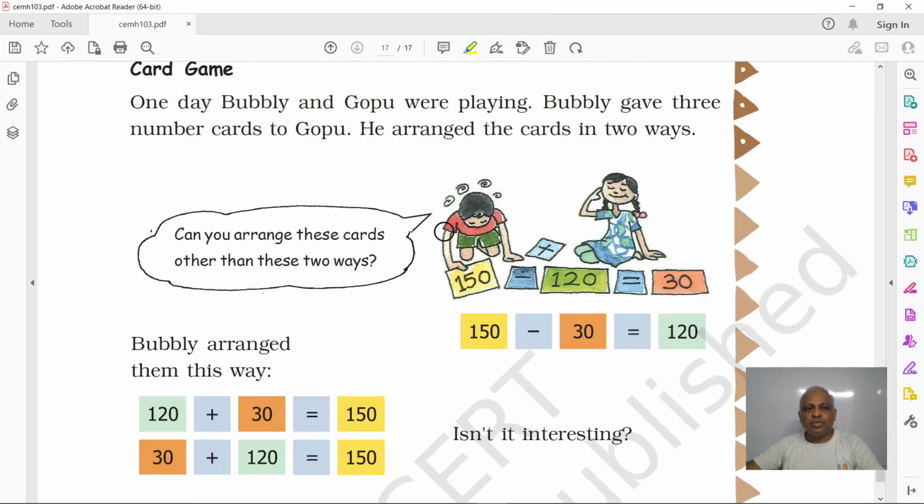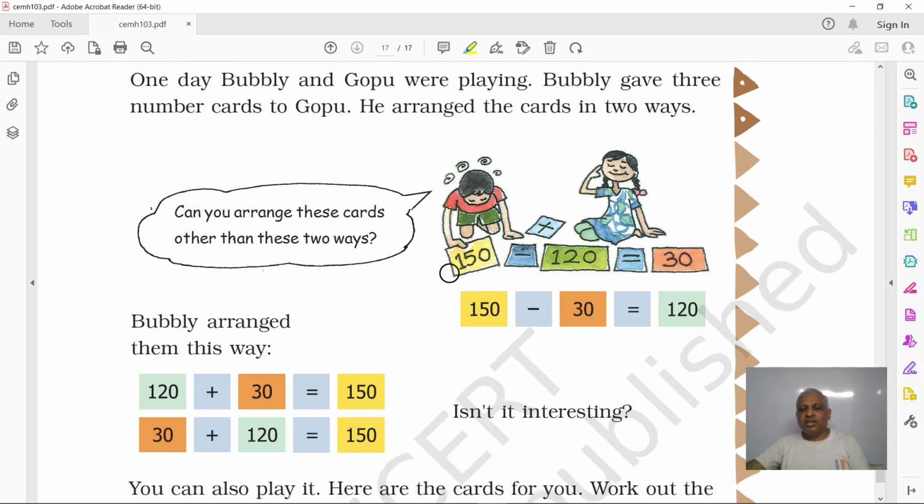So this is some card games. You cut some hard paper into cards and write numbers on that, and write the addition, subtraction, equals too, and organize in such a way that you see how this kid is organizing. So you can write 10, 20 like that, some numbers and some addition, some equals. You can play this with your friends, very interesting.